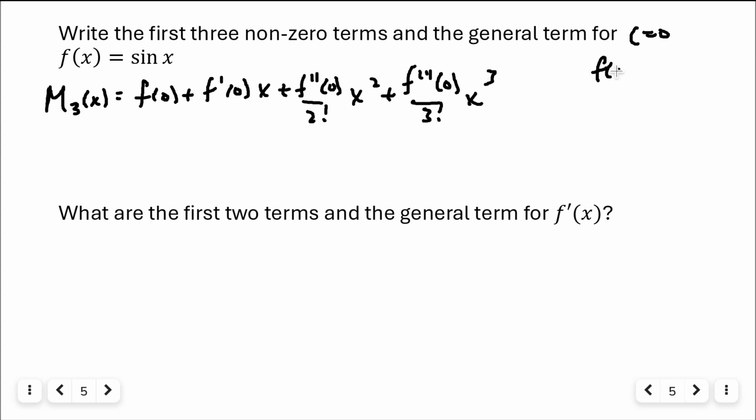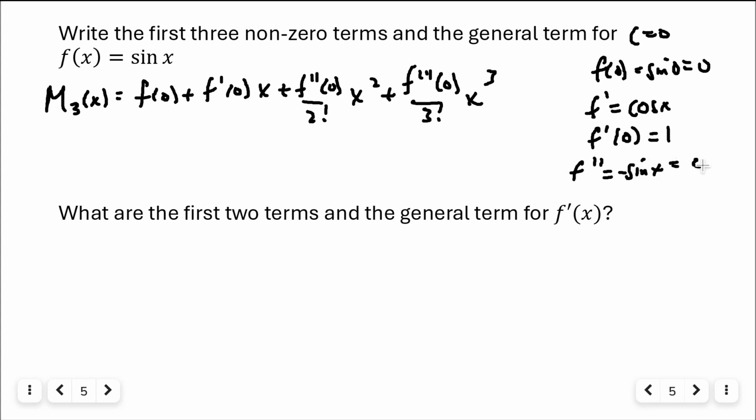Okay, so f of 0 is sine 0. That's 0. f prime is cosine x. So f prime of 0 is 1. f double prime is negative sine x. So that's going to be 0 again. f triple prime is negative cosine x. That's going to be negative 1.